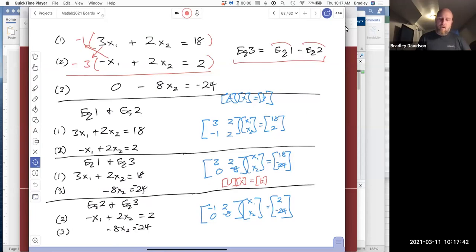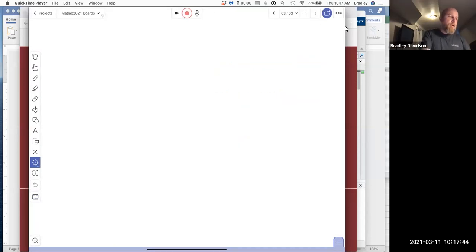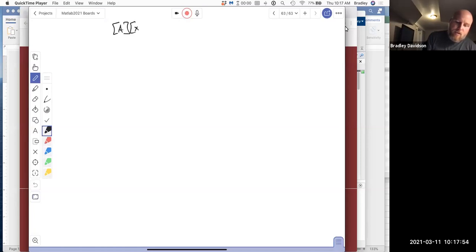And I think that a good way to do this is to go ahead and go into a 3x3, and let's solve this by hand. And so we're given this system, AX is equal to B, and we want to transform this into a UX is equal to a B prime.